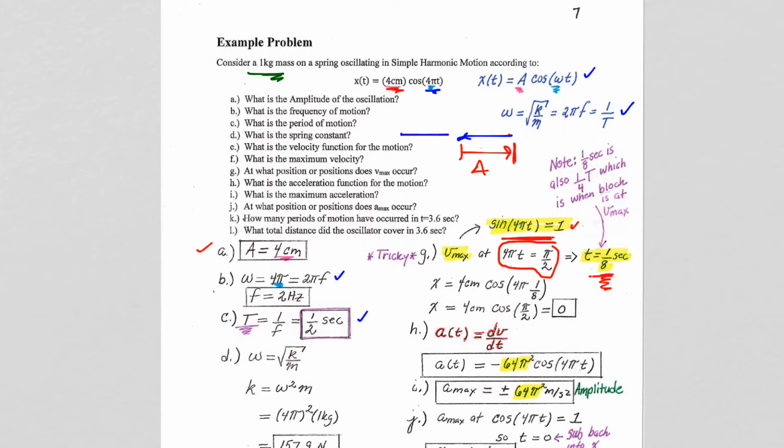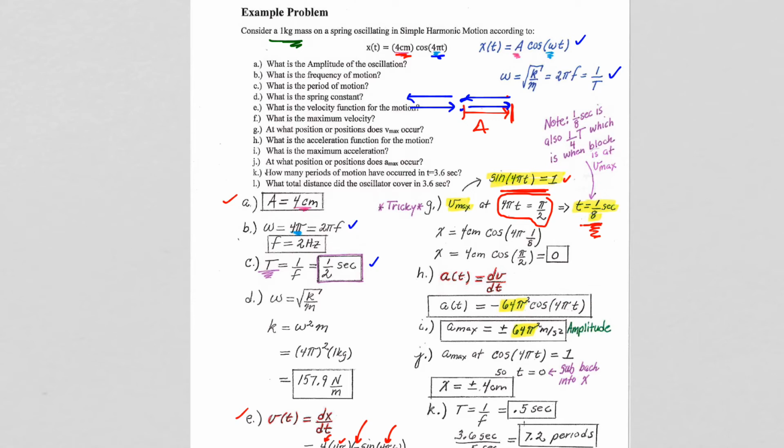Then it slows down, half an oscillation, then back, 3/4 of an oscillation, maximum speed again, and then completes the oscillation. This one was definitely a little tricky. We plug in our 1/8 of a second, we get x equals 0. That shouldn't be surprising because we know it will have its maximum speed as it passes through the origin.